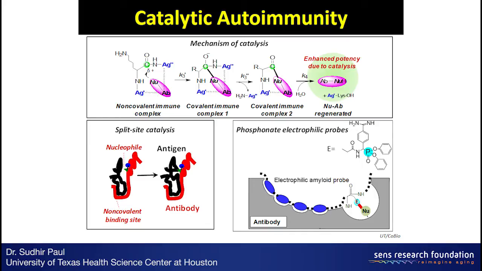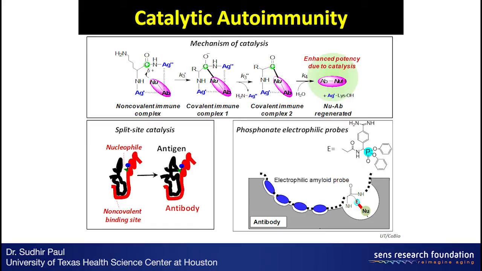In addition to the chemical mechanism of catalysis, studies from our group and from others have revealed that the non-covalent binding site is split from the nucleophilic site. So these are two amino acids shown in blue and green, and the green being the nucleophile that is capable of attacking peptide bonds.